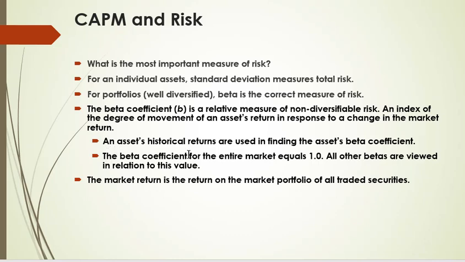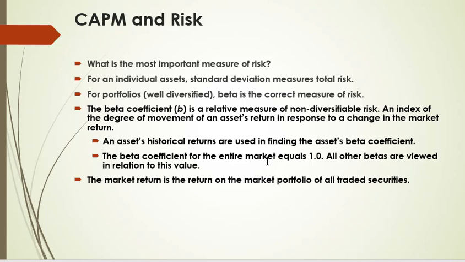An asset's historical returns are used to find the asset's beta coefficient. And this beta coefficient for the entire market equals 1. All other betas are measured relative to this value of 1.0.